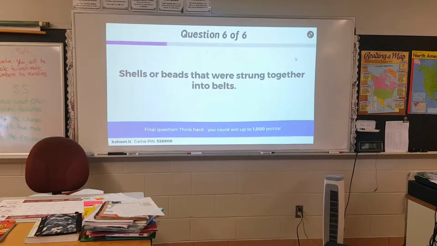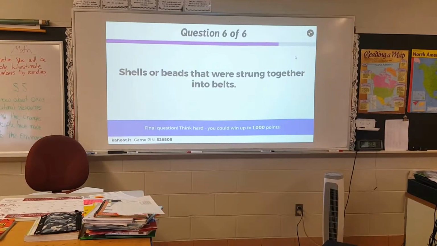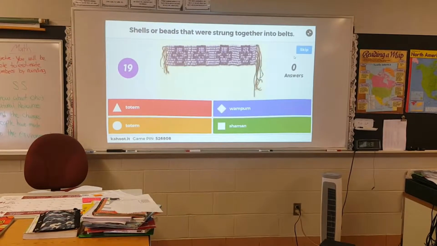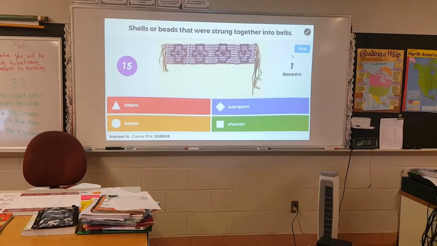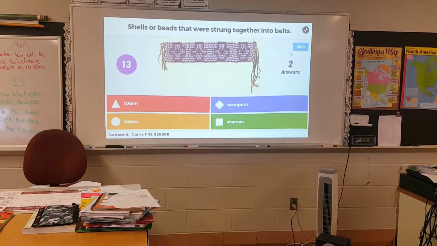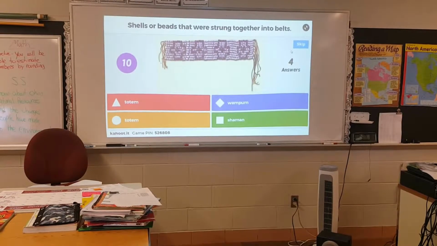And then the last question, shells or beads that were strung together into belts. Again, I inserted another picture so they can get the visual of what it looks like to hopefully help them answer the question correctly.